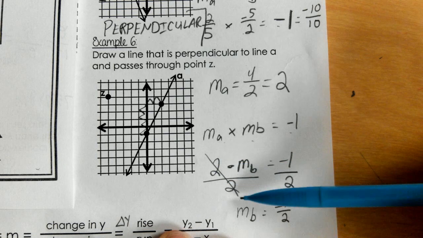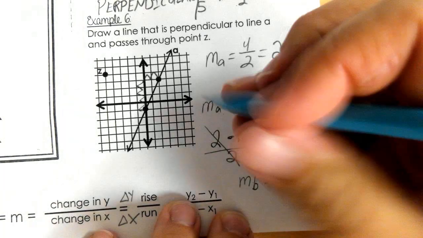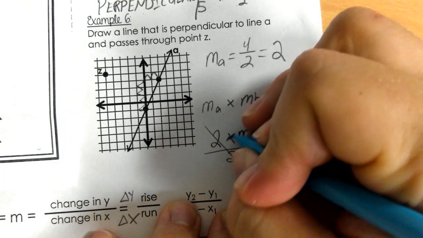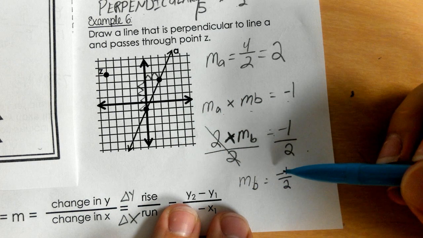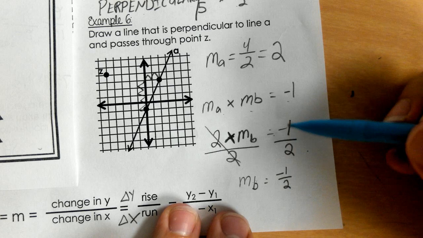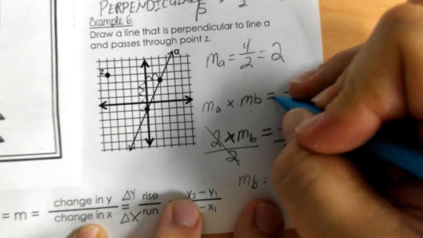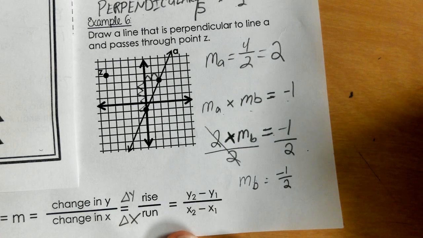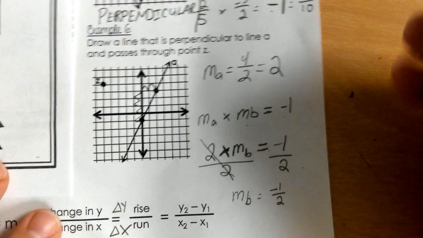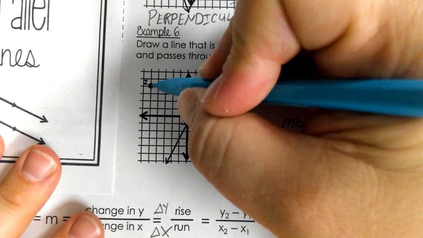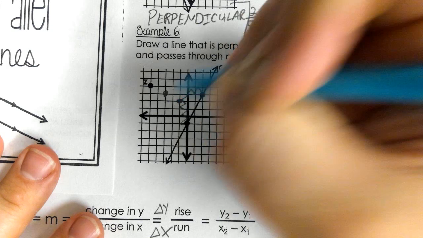So I divide both sides by 2 to isolate the slope of B, and I get the slope of B equals negative 1 over 2. So now I have to make sure I do a rise and run of negative 1 and 2.